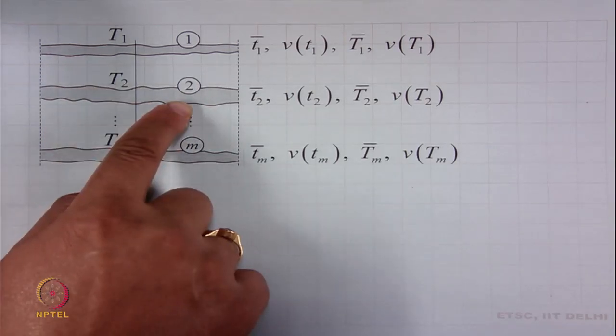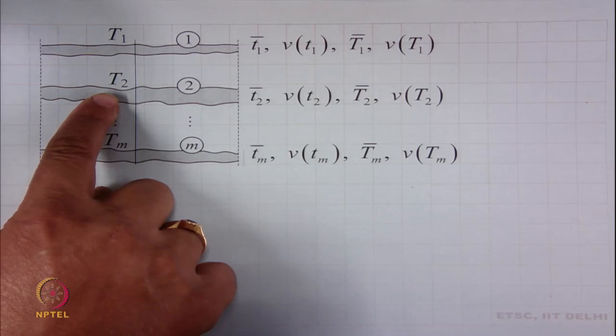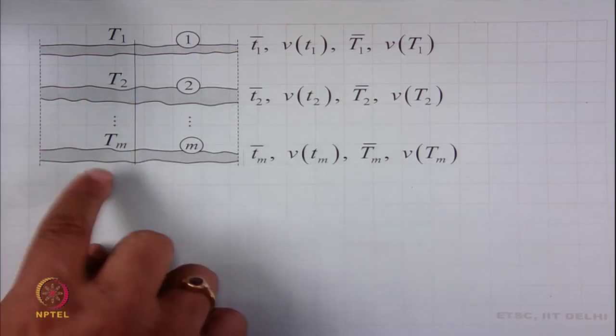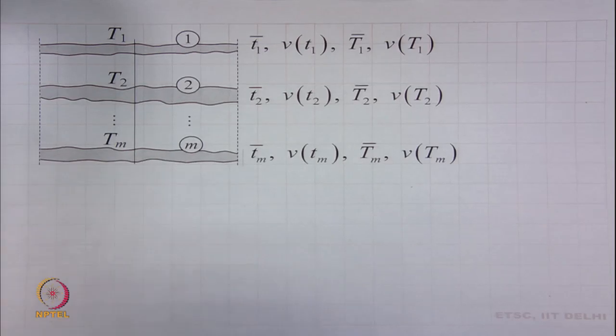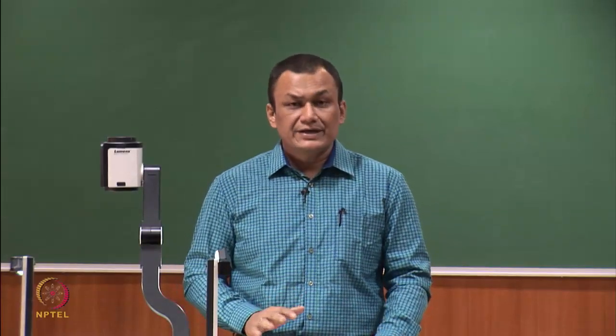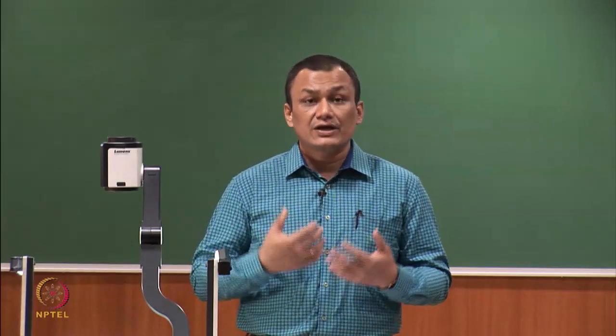Second sliver, the sliver fineness T subscript 2 is also another random variable. Mth sliver fineness T subscript m is another random variable. Now, each sliver is different. They are different in terms of fibers, fiber parameters, fineness, and irregularity.